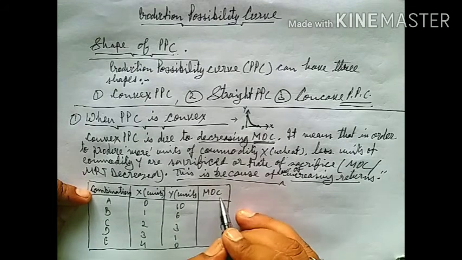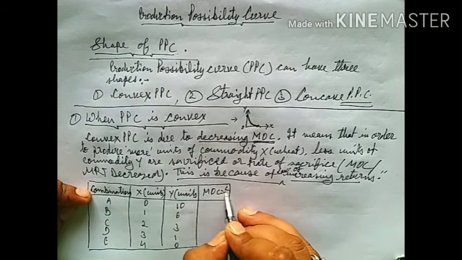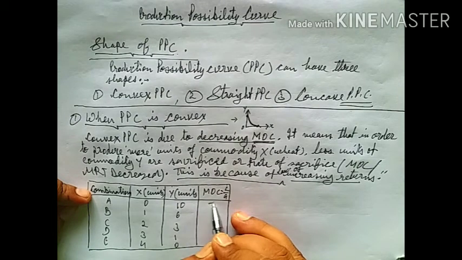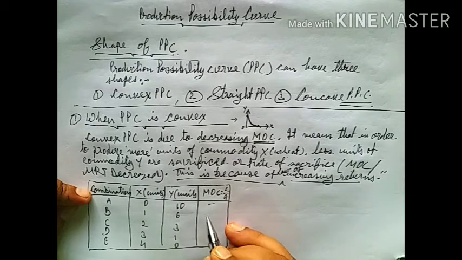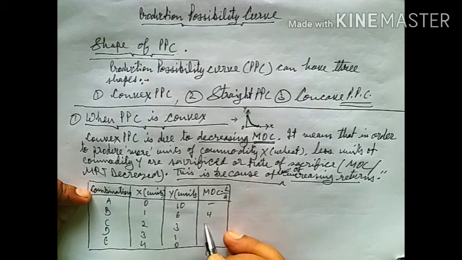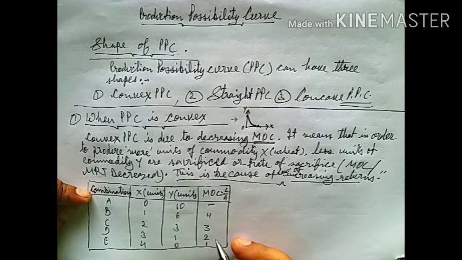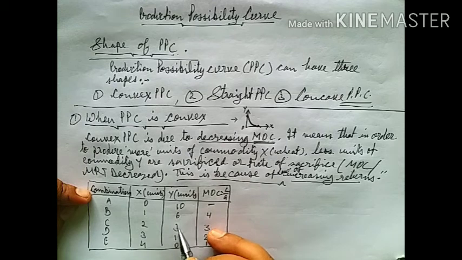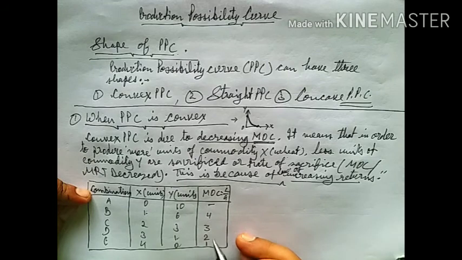Now MOC is the loss upon gain. So here the MOC will be undefined, and then 4, 3, 2, 1: 4 by 1, 3 by 1, 2 by 1 and 1 by 1. This is the MOC.